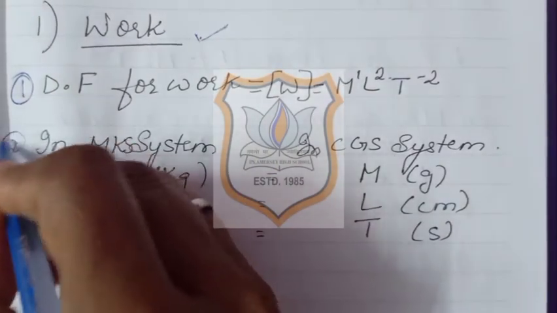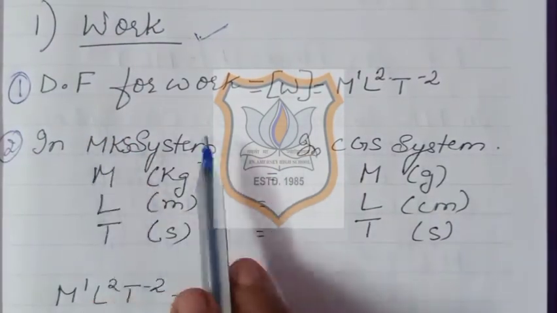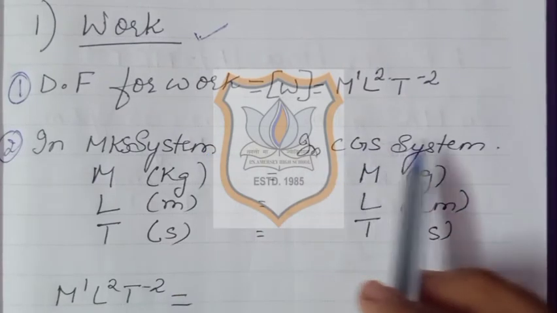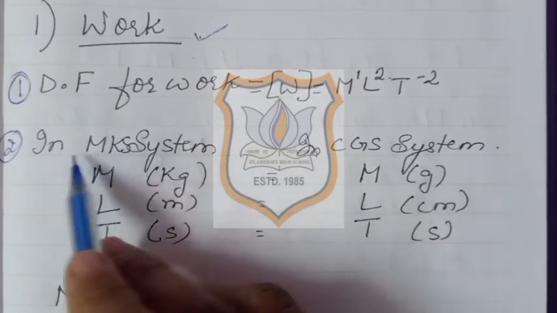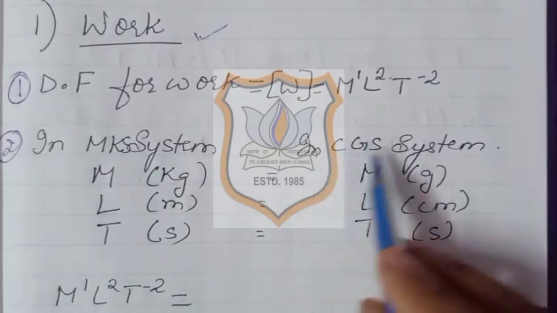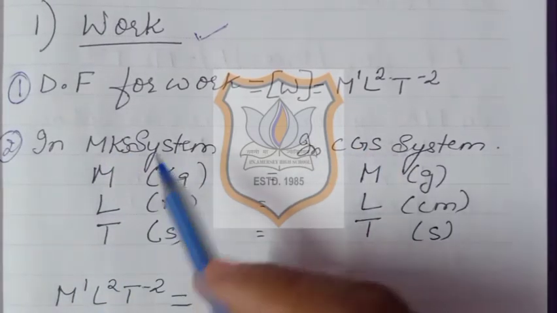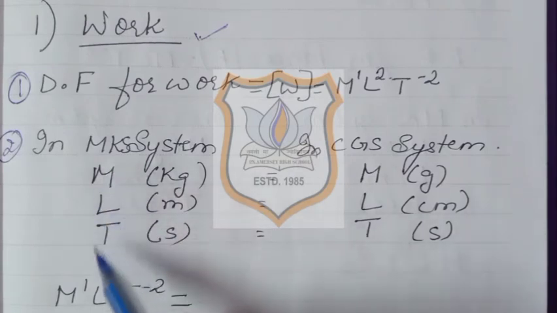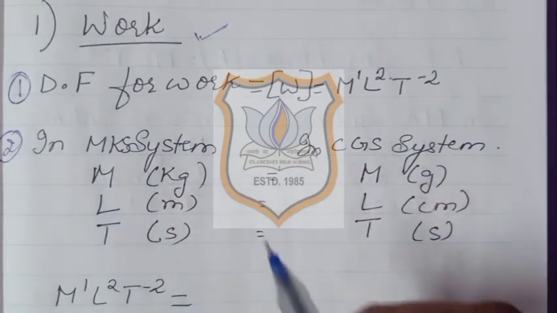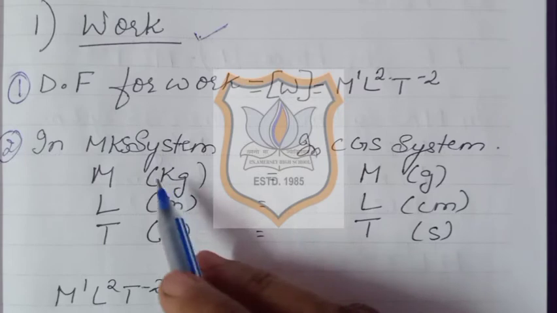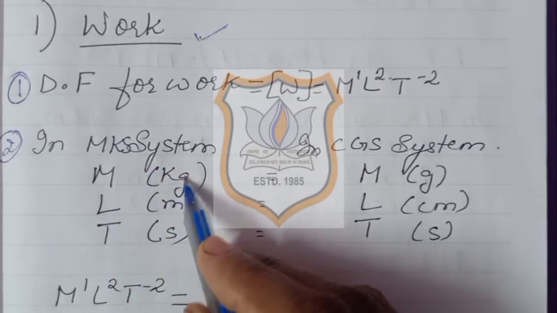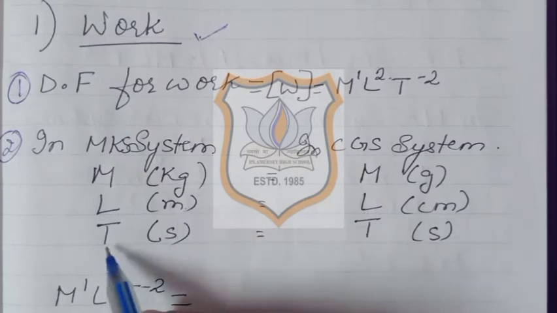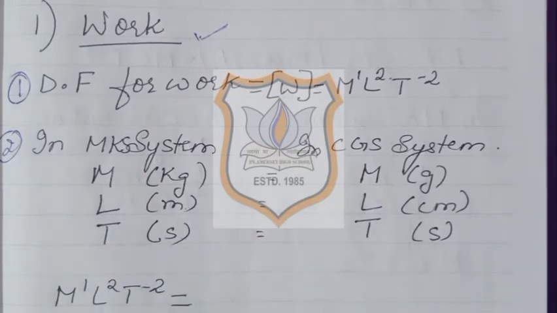Second step is you will write in MKS system, in CGS system, in two columns. That is, make two columns. In one you write MKS system, in another you write CGS system. Then on both sides you write MLT, MLT. Then you know that in MKS system, mass is taken in kg, length is taken in meter, and time is taken in second.